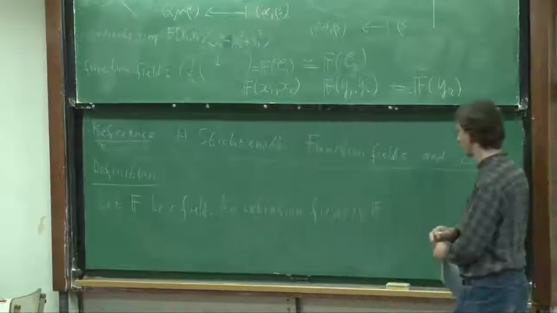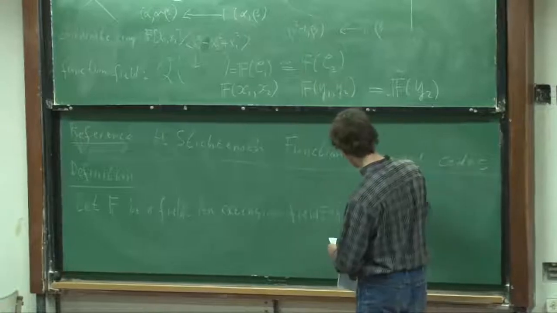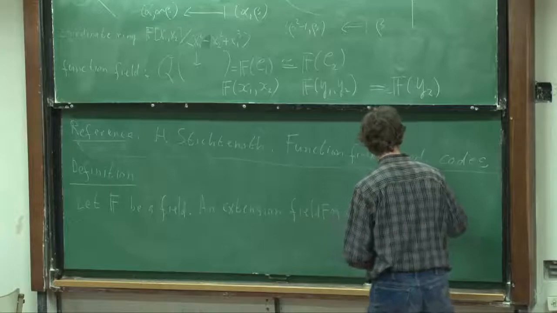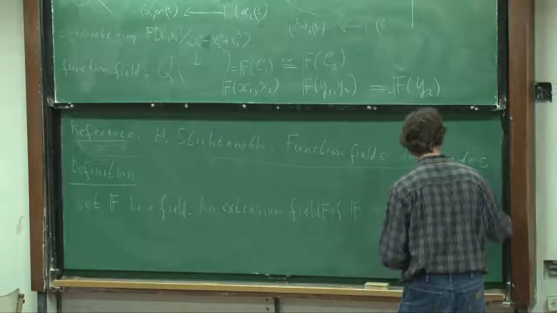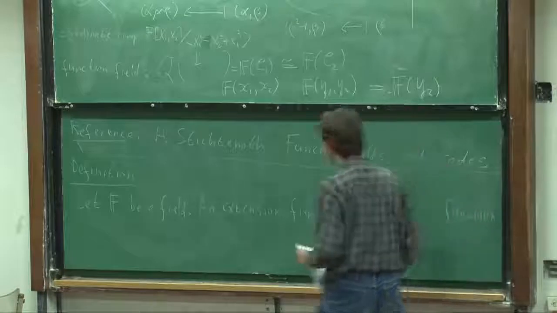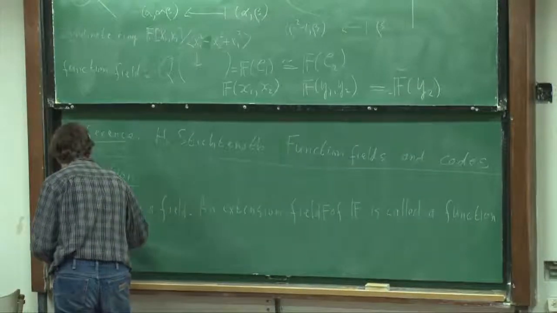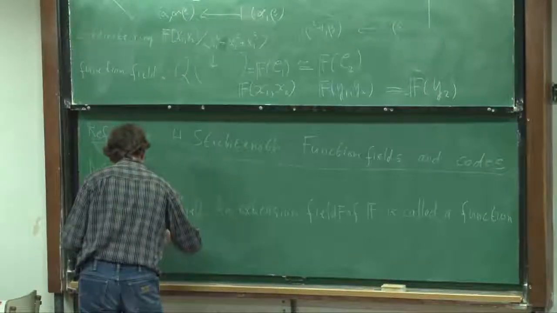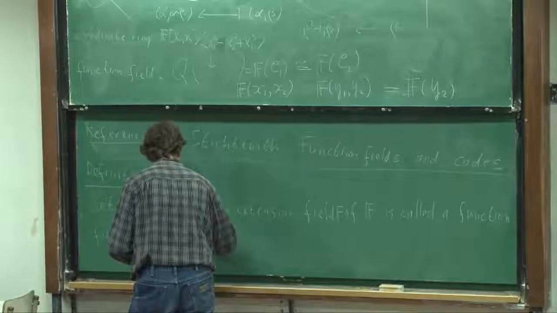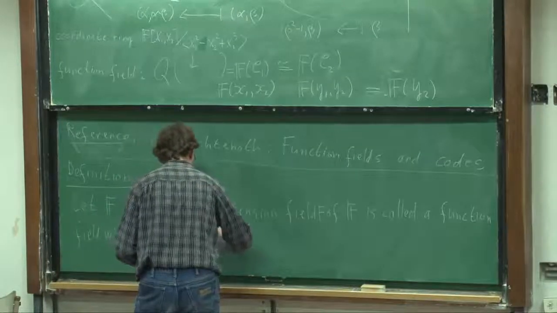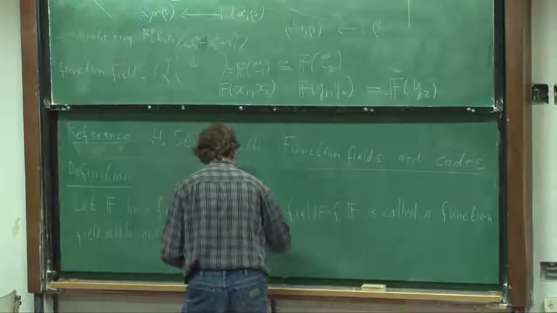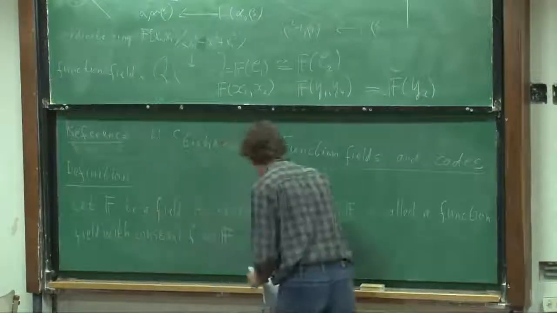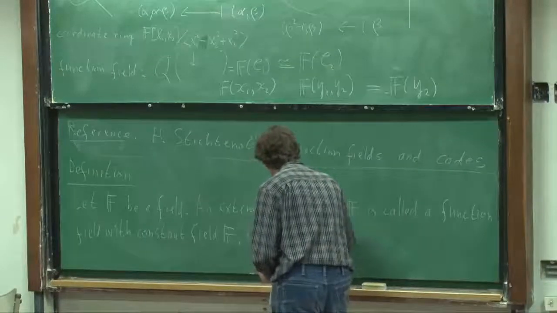An extension field, capital F, of this field of constants, as it is called, little f, is called a function field if, so it has to be a condition, because what we need is somehow that the dimension fits.